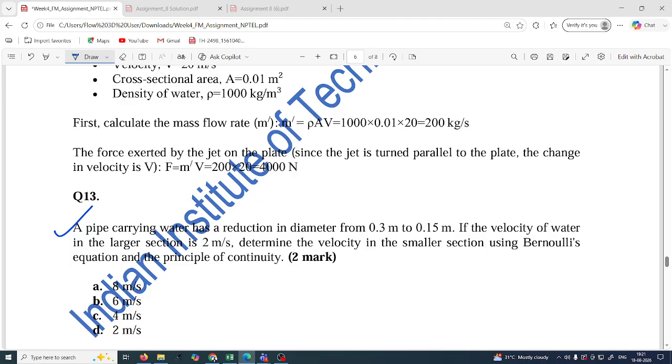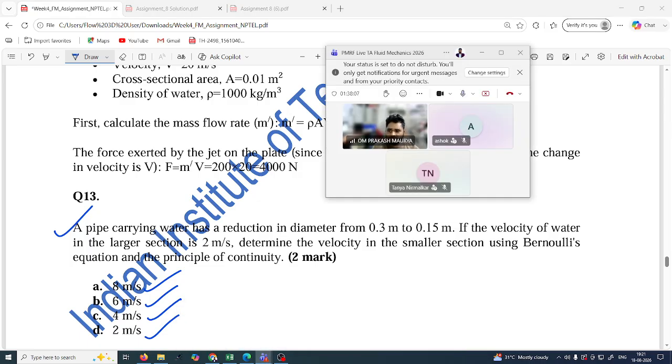So you have four options: 8 meter per second, 6 meter per second, 4 meter per second, and option D 2 meter per second. Please try to calculate the answer for this question within 5 minutes. I'll give you 5 minutes.